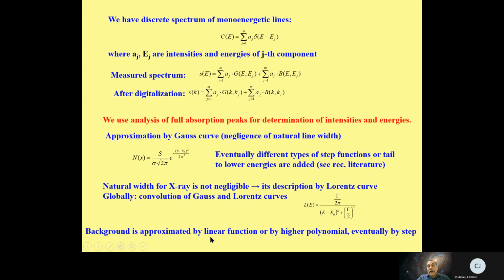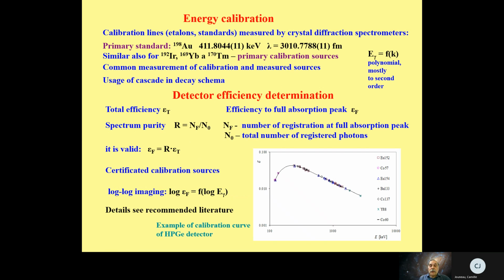Background is approximately possible to describe by a linear or quadratic function or a higher polynomial function, and you will obtain this description. Okay, you will obtain areas of these Gaussian peaks, and also you will have the position.